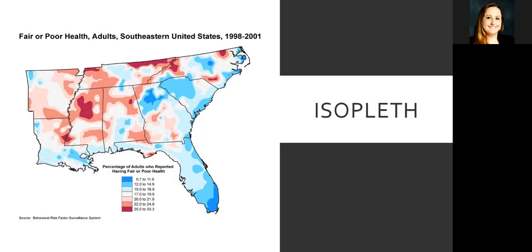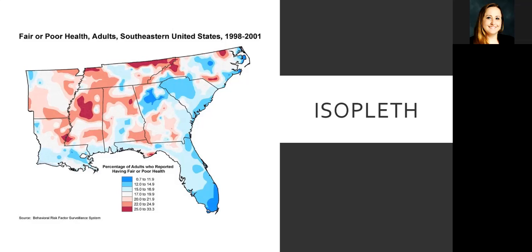So here we have an isopleth map. Isolines are lines of equal value. These are created when you have point data that has some value, whether that is pressure, temperature, rainfall, etc. And you want to create a continuous surface.